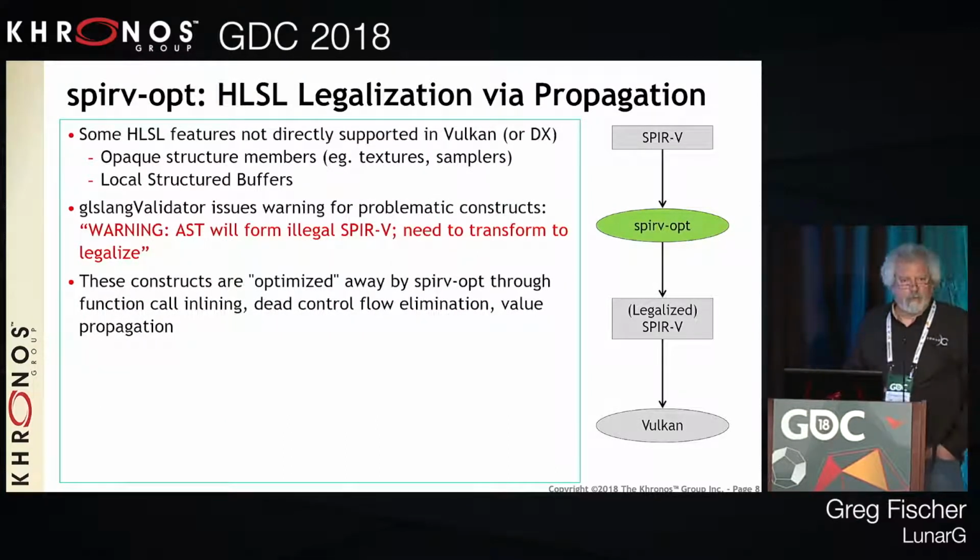I'm going to give just a couple examples of some structures in HLSL that do require transformation. The glslang validator, when it compiles HLSL, if it finds one of these structures, it will actually even evoke a message saying that legalization is required.